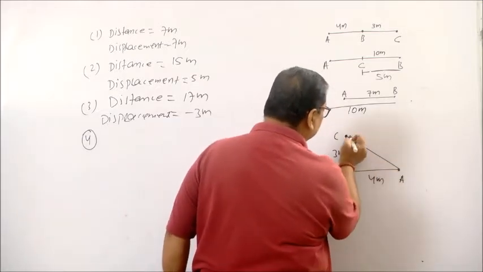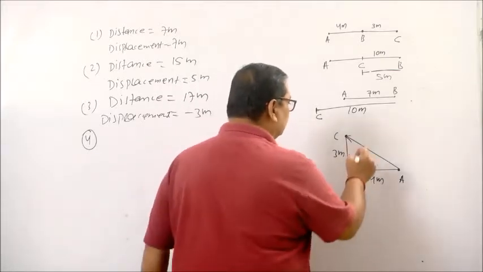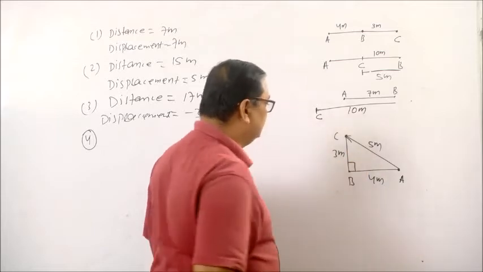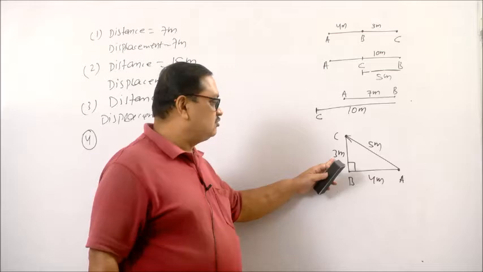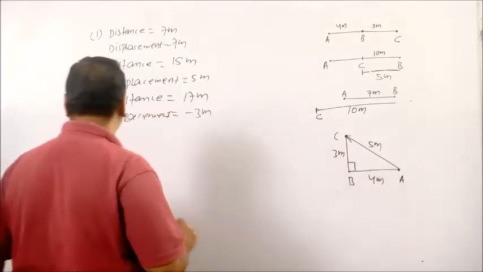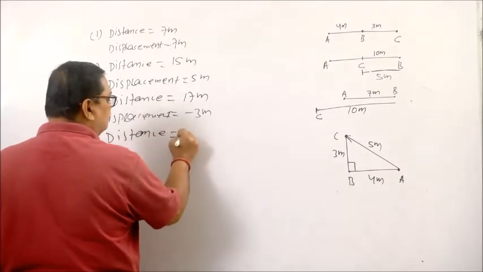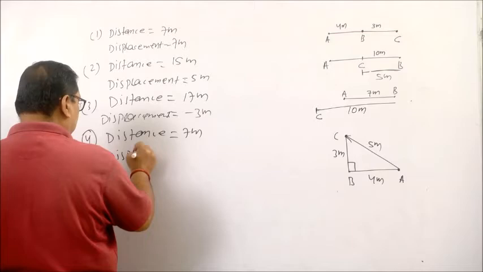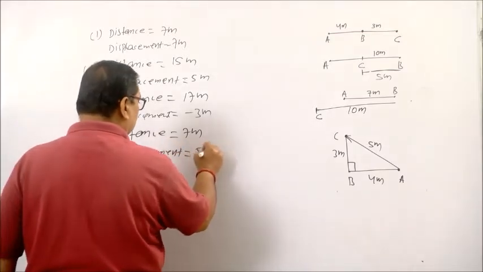So AC is the displacement, put an arrow at C because the direction is from A to C. So AC equals 5 meter according to the Pythagoras theorem. You use the Pythagoras theorem, 4 square plus 3 square and then take the root, you will get 5 meter. So here distance equals 7 meter, displacement equals 5 meter.